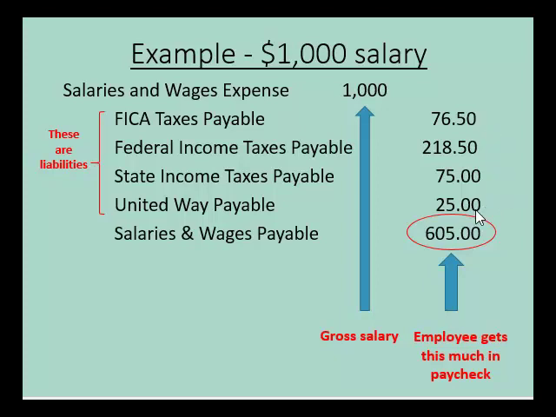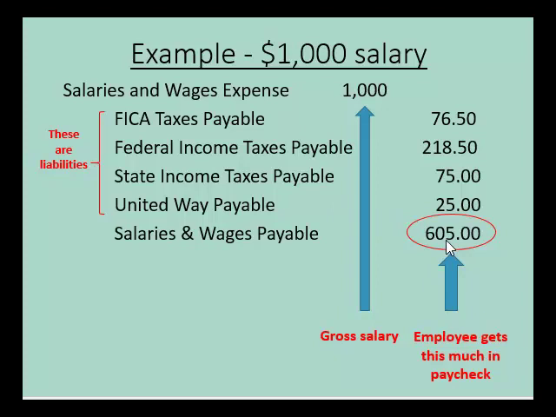So all of the amounts withheld from the employee's paycheck represent a liability for the company because the money doesn't belong to them. They owe it to the taxing authorities and to the United Way. So that's why we're crediting the various payable accounts.